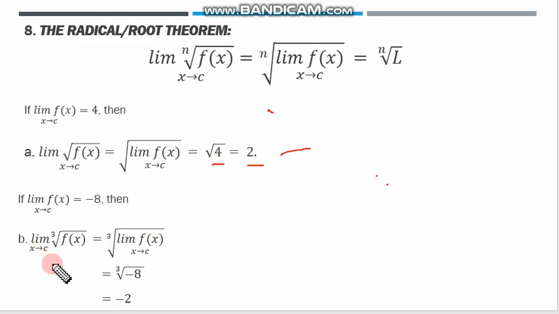Then the limit of the cube root of f of x as x approaches c is equal to the cube root of the limit of f of x as x approaches c, which is given here, negative 8. So the cube root of negative 8. Since the n here is an odd number, it's okay that we will have a negative number in our limit inside the radical sign because we will have a value for this one. So the cube root of negative 8 is equal to negative 2.